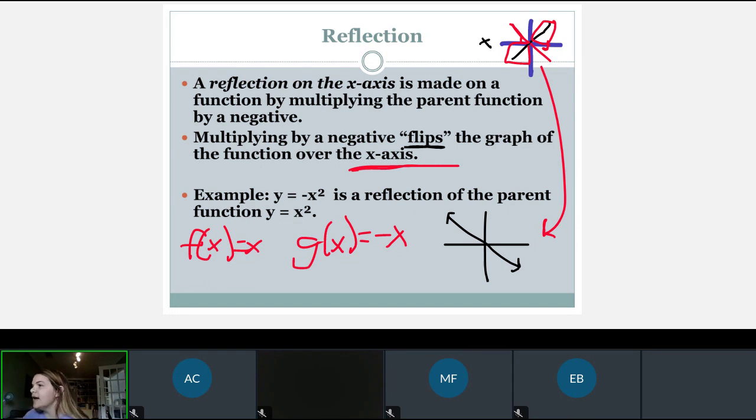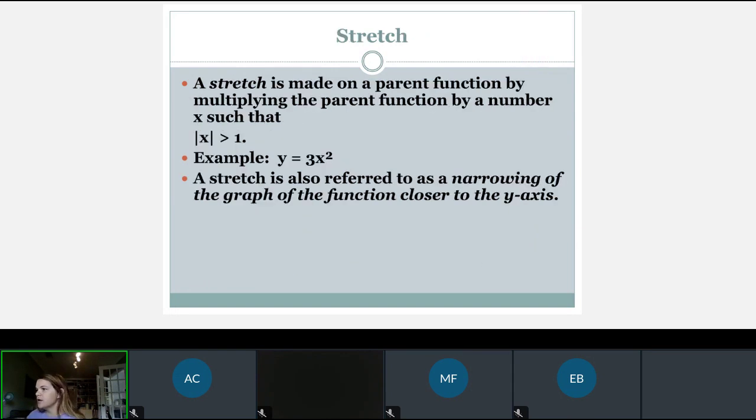All right, so Maddie asked about stretching a function. A stretch is made on the parent function by multiplying by a number for x that's greater than 1. Actually, let me just write it out. I'll put a text box here, that might be easier.